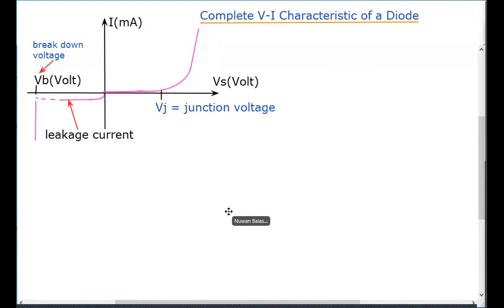Normally, we should discuss half wave rectification, full wave rectification, bridge circuits and Zener diodes with this. But you should draw this graph separately. This is a new graph, the complete VI characteristic of a diode. If you didn't have enough time to draw it, the best thing is to take a screenshot and complete it at home. Normally we should discuss bridge circuits after this, but I have changed the order slightly.